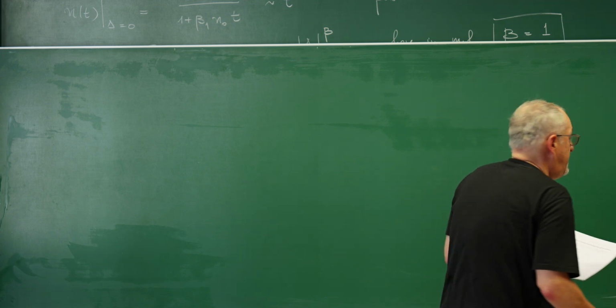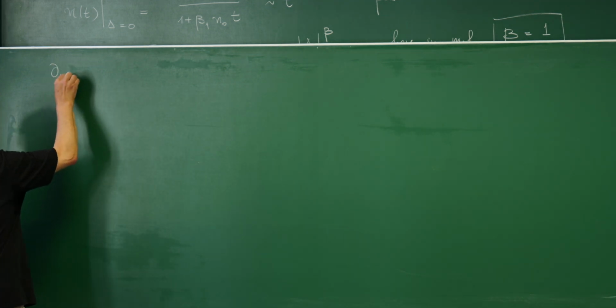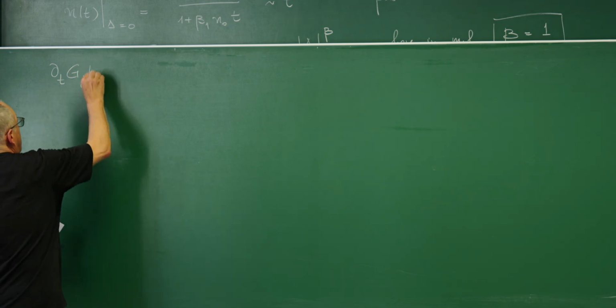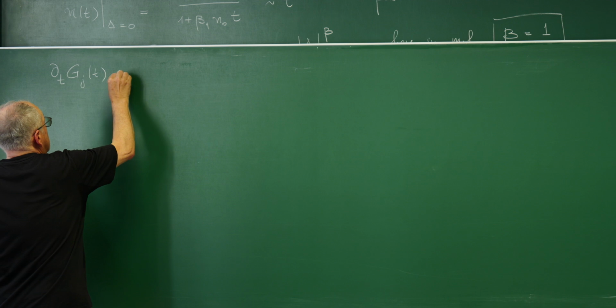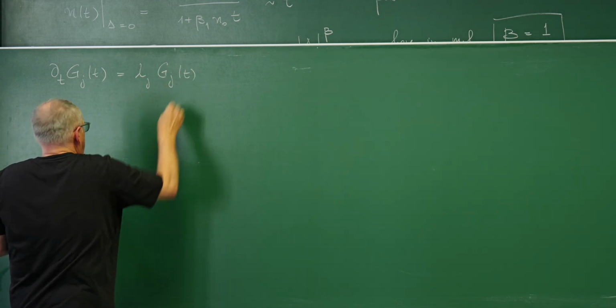Okay, and that means then we have G j of t is e to the minus lambda j t.